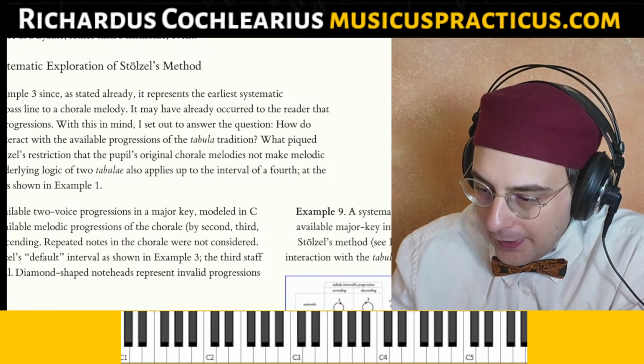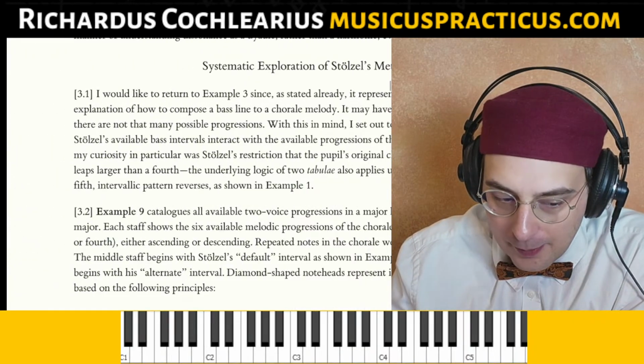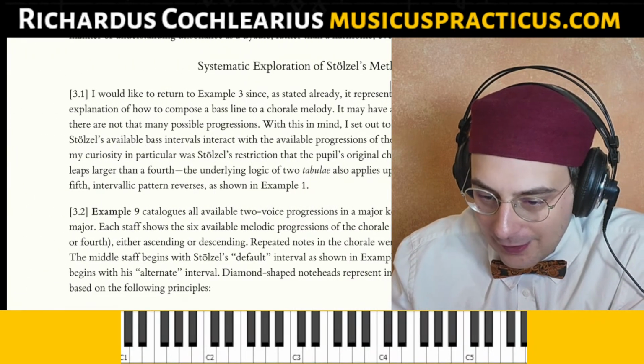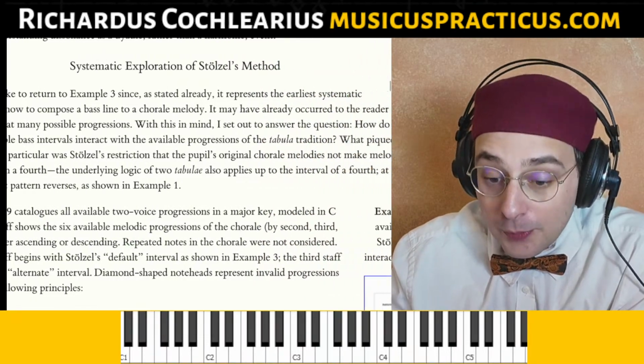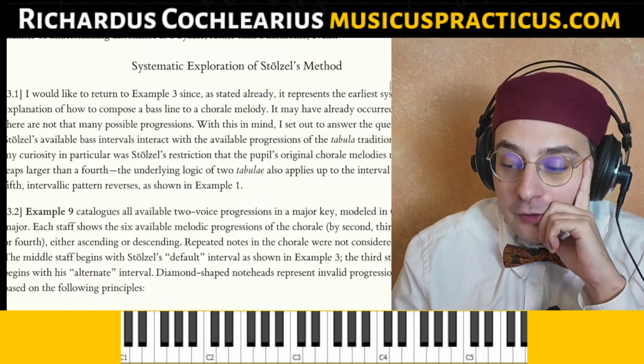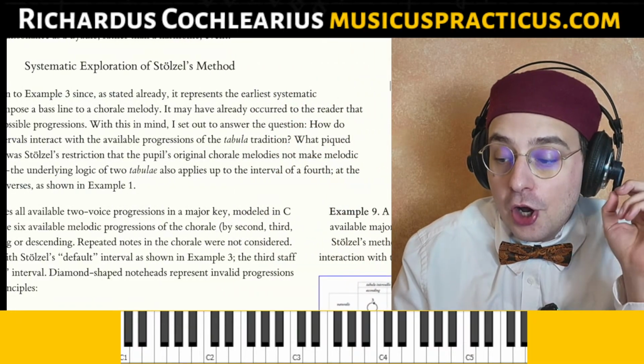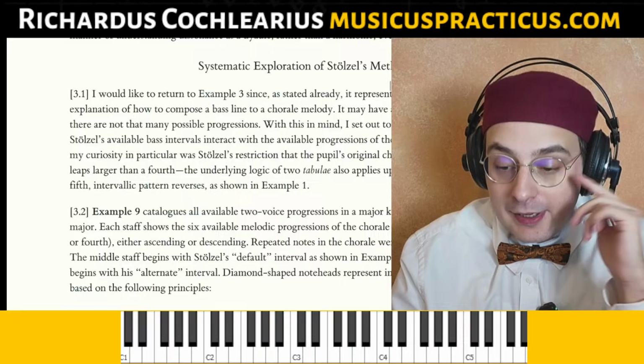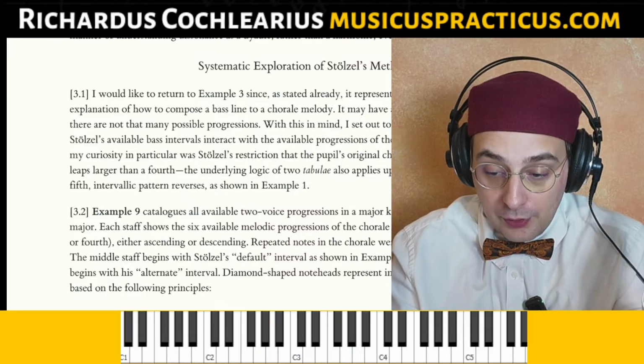What piqued my curiosity in particular was Stölzel's restriction that the pupil's original chorale melody not make melodic leaps larger than a fourth.